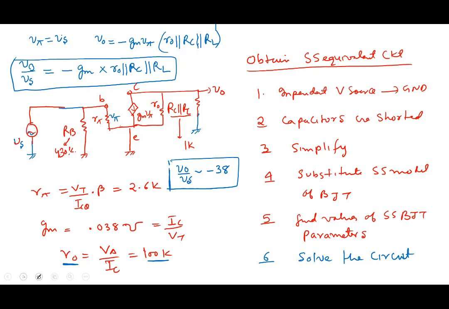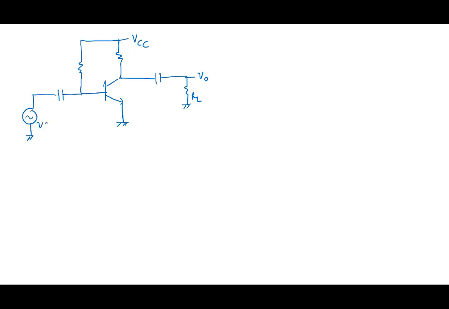So this circuit that we have drawn here, we have put here RL, V0, put here VCC, we put here Vs, and we find V0 by Vs equals minus gm times R0 parallel RC parallel RL.